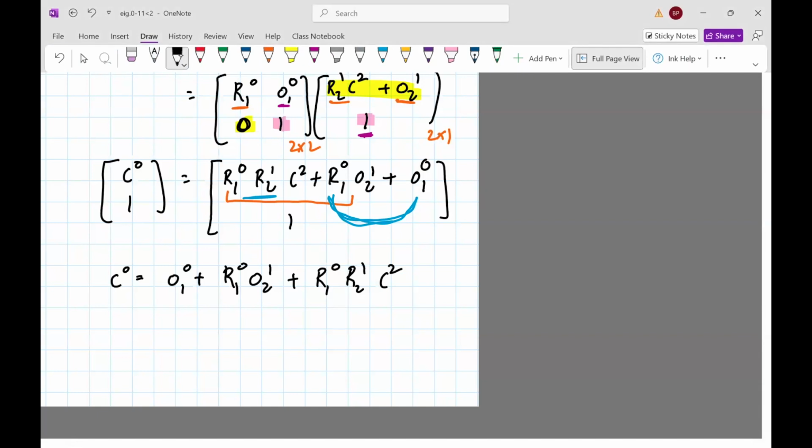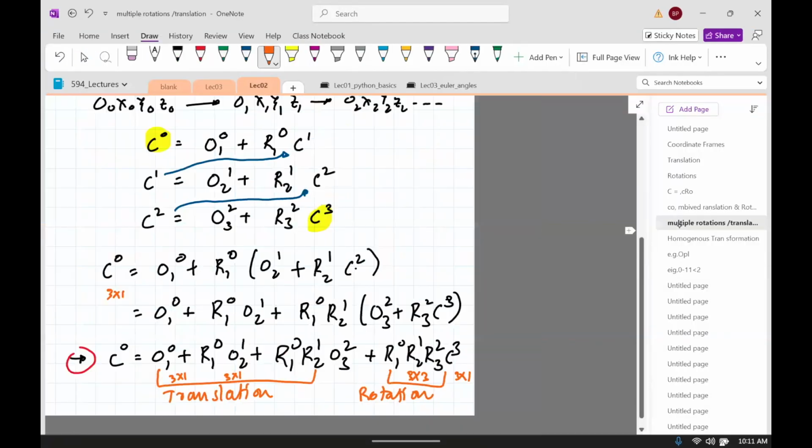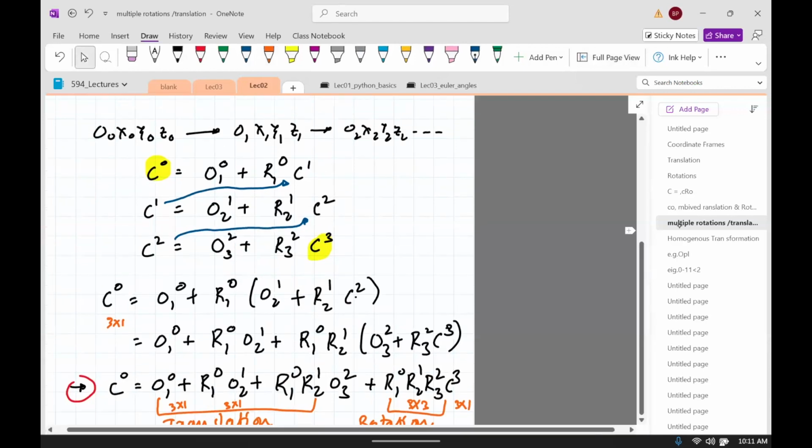Okay, so what we have here is, this is the translation part, and this is the rotation part. Okay, so that formula should appear somewhere here. I think I did it right.